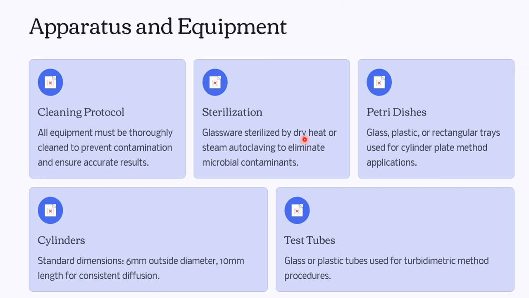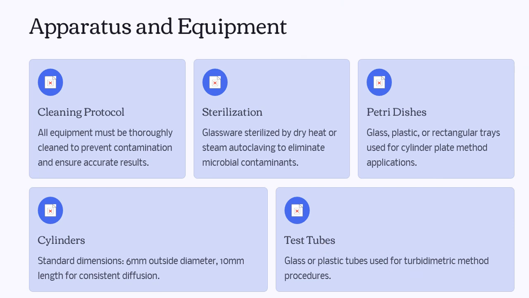Then the petri dishes, glass, plastic or rectangular trays, are used for cylinder plate method application, and standard cylinders of 6 mm are used for making the wells. Then glass or plastic tubes are used as test tubes for turbidimetric methods.